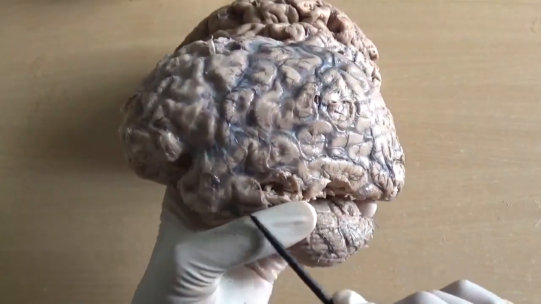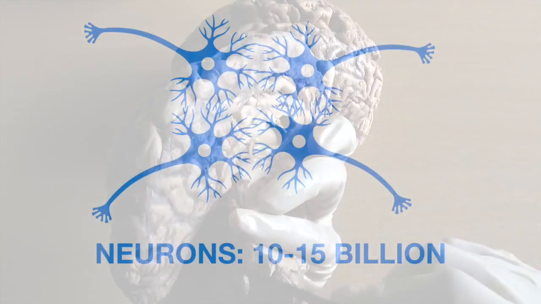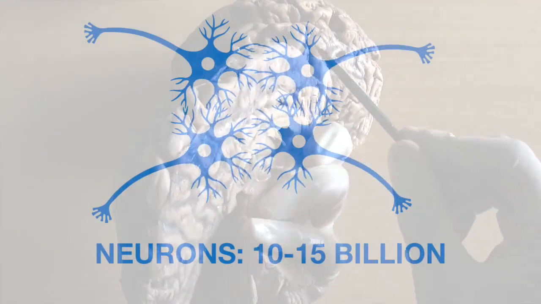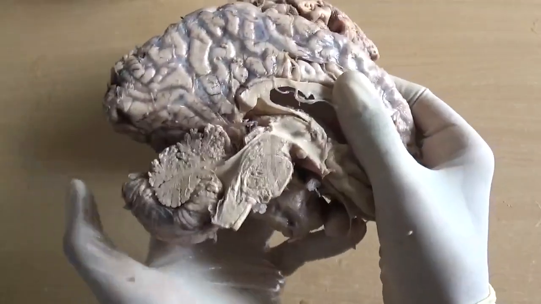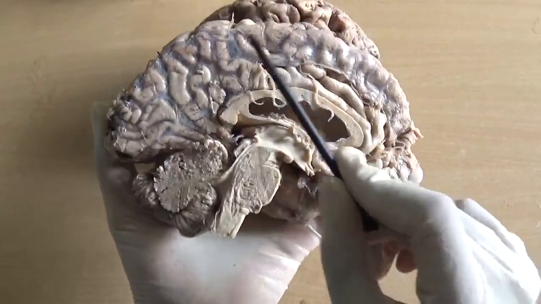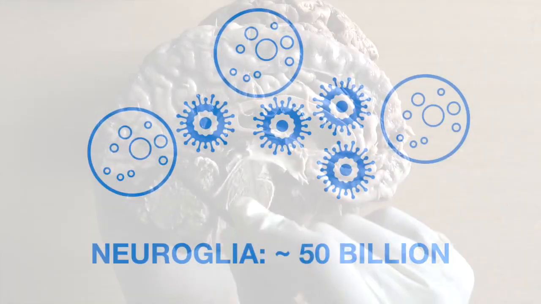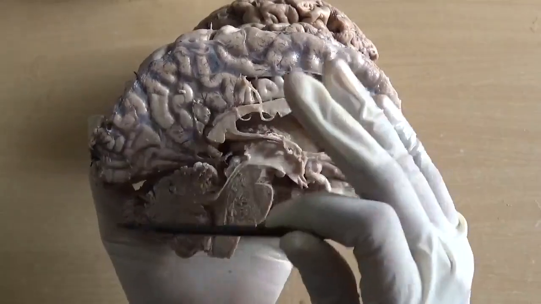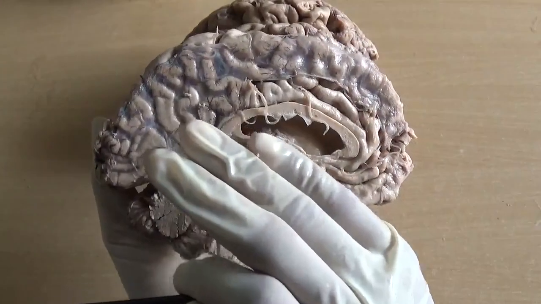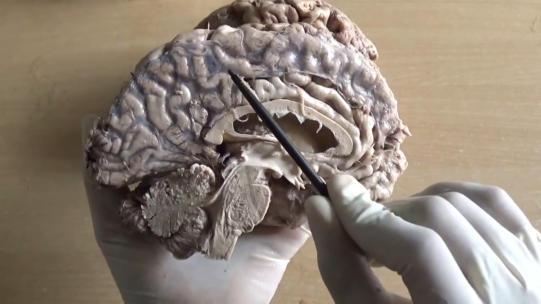On average, the entire cerebral cortex accommodates 10 to 15 billion neurons, and the neuroglia are 5 times the number of neurons, approximately 50 billion neuroglia. Just imagine this many neurons and neuroglia accommodated within the cerebral cortex.